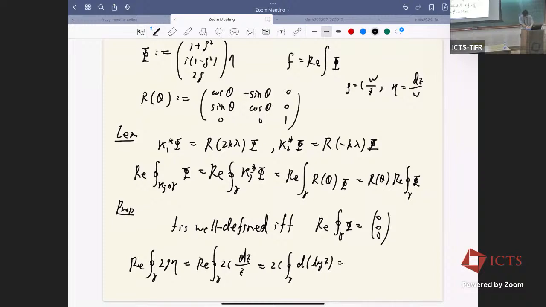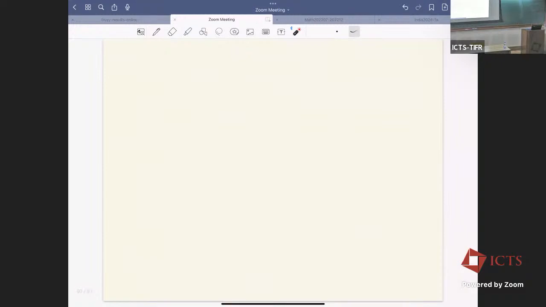So this is the real part of 2c times 2 pi i, which equals 0. Okay, so the third component is 0. So the remaining part is these two equations. So we have only two equations to solve: the first component and second component.